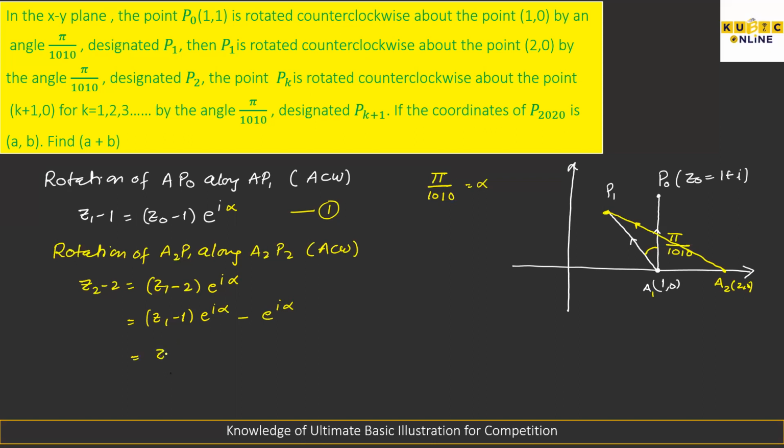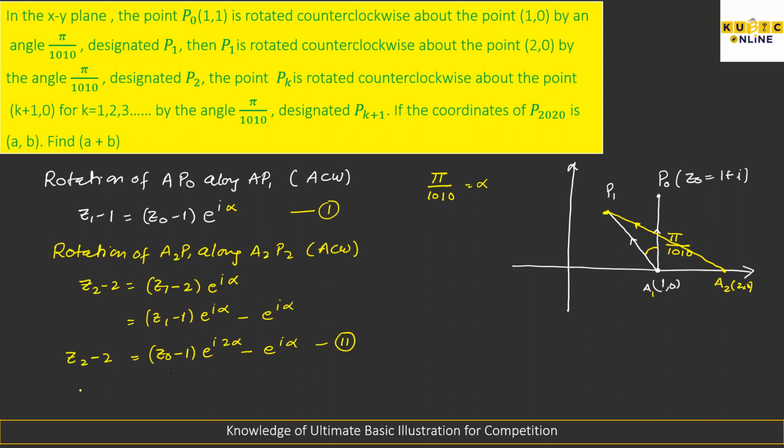So this will be Z0 minus 1 into e to the power I 2 alpha minus e to the power I alpha, and this is equal to Z2 minus 2, and this is relation number 2.